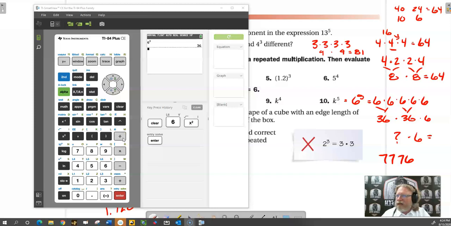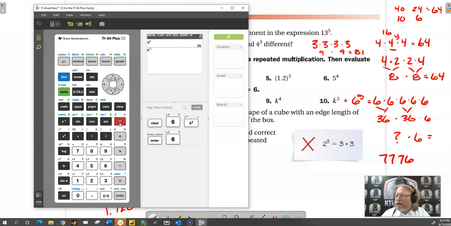Your main divide, multiply, subtract, and add are here, and this red button is the equal button. Suppose I wanted 6 to the 3rd power. Notice there's not an x to the 3rd button anywhere. But we do have this button right above the division button, and it's called a caret.